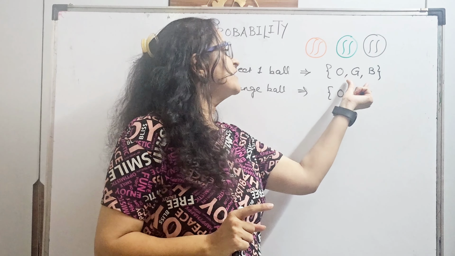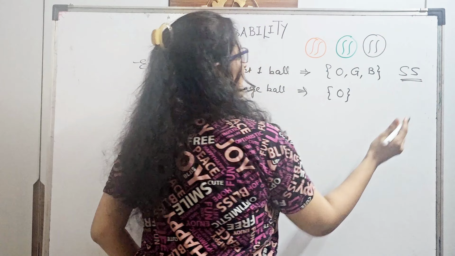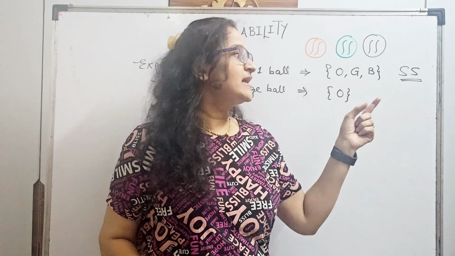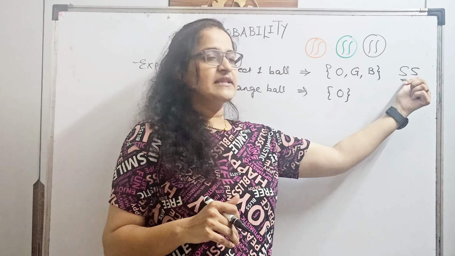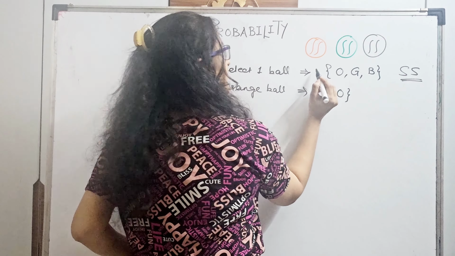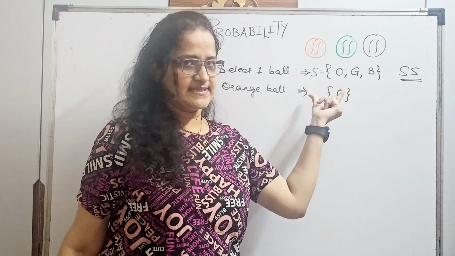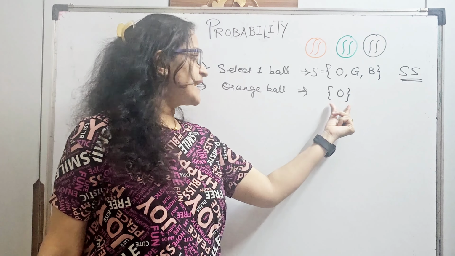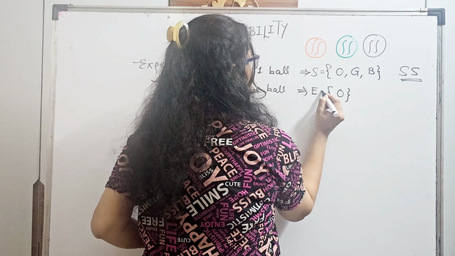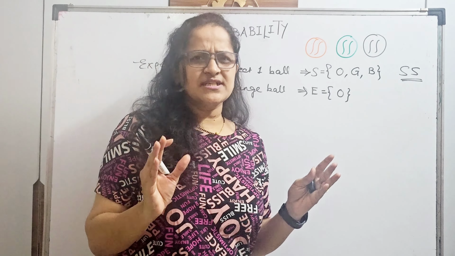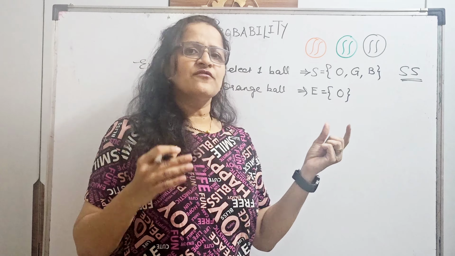Now whatever set you get, that is known as sample space. Technically, when you are studying probability, this set which you have formed from this experiment is nothing but your sample space. This is indicated by S, from the initial letter, sample space S. And whatever set you get from the event, that is known as event, E. It is indicated by not just E but any capital letter would do, but popularly E is used for better understanding.